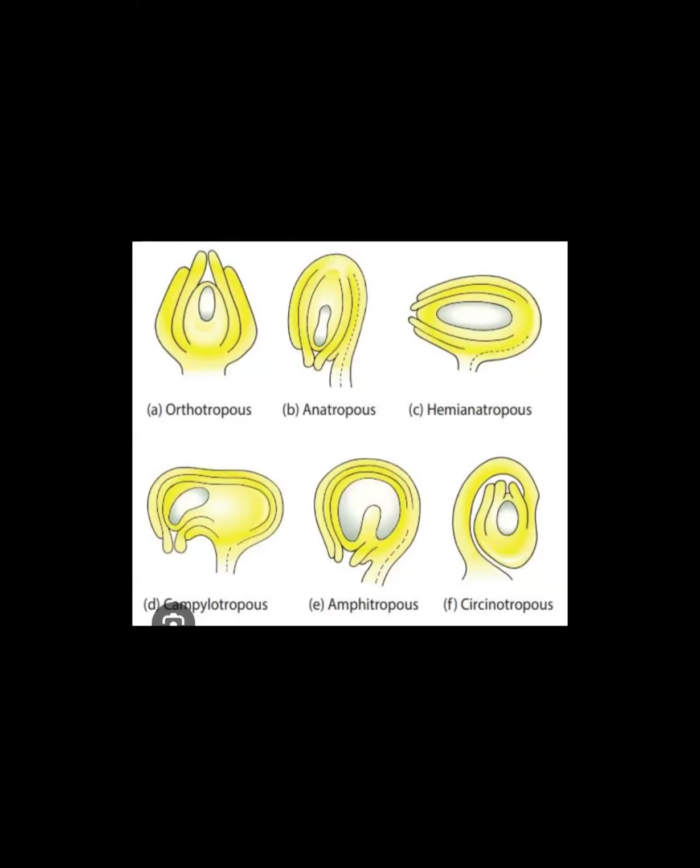It's very, very important. Coming to the third one, the hemianatropous ovule. See here, in this type the body of the ovule takes a turn by 90 degrees only. See the pictures here. In the hemianatropous ovule, the body takes a turn by 90 degrees only, so that it is horizontally placed on the funicle.